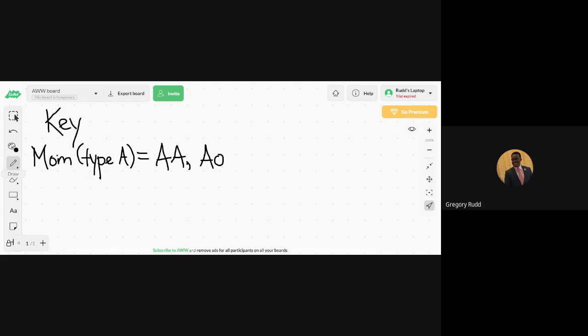Both of those would give her the blood type A. So we're gonna have to try multiple things here. We know that James has type O blood. So what is his genotype? Oh, thanks, Jessica.